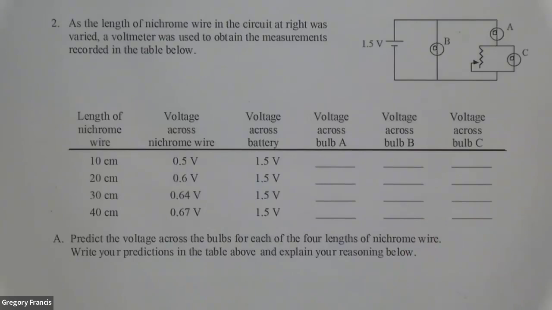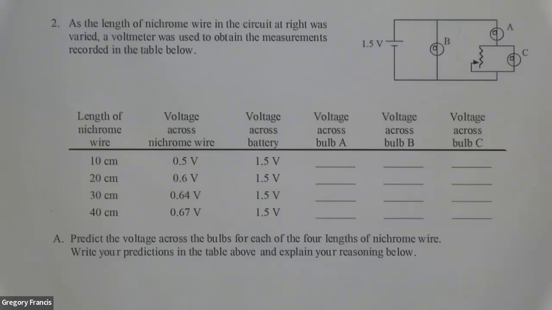Now, the easiest one, of course, is bulb B, because it's on a path parallel across the battery, so it's independent of everything on the right. Come heck or high water, it's going to have 1.5 volts across it because it has direct connections to both sides of the battery.